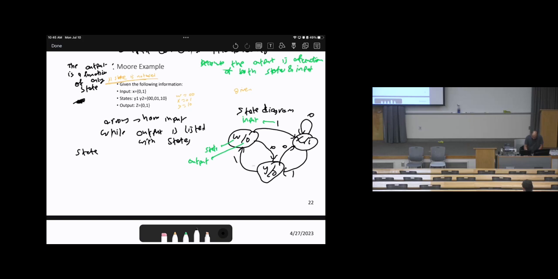So in order to draw the state table, we've already done the state diagram. How about the state table? The state table has the following: present states, inputs, which can be either 0 or 1, and outputs.